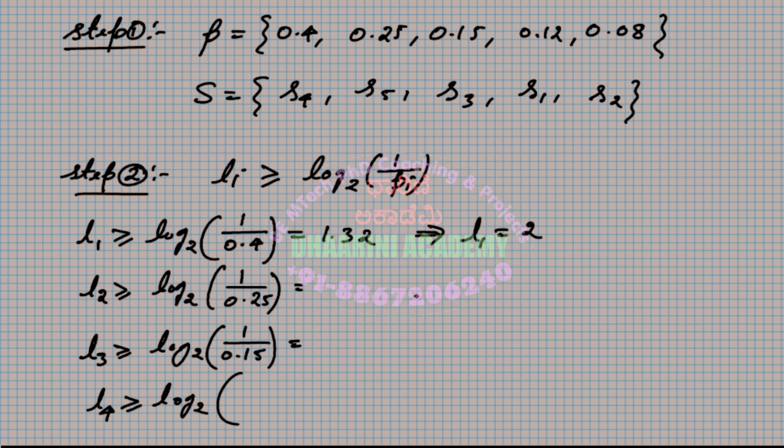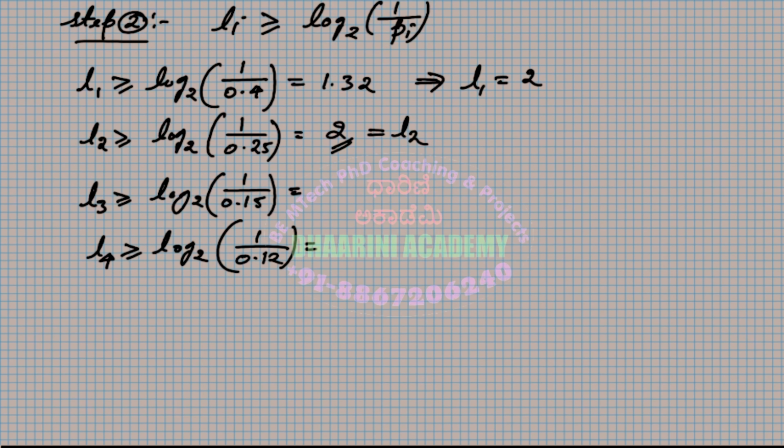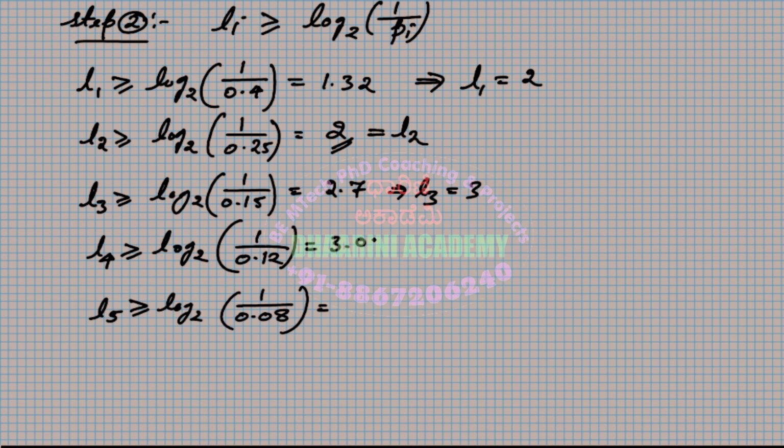So we retain that, that itself is 2, L2. So the next comes to be 2.7. So this implies take L3 as 3.